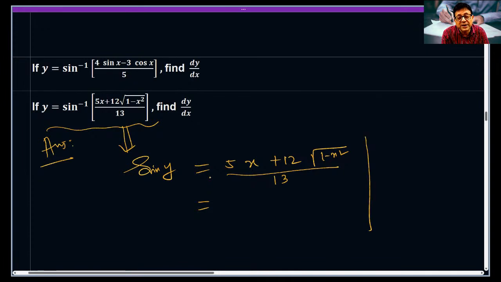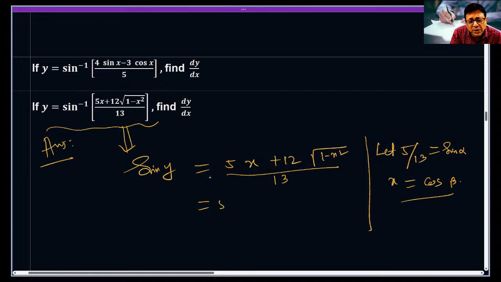There is a relation between 5, 12 and 13, the Pythagorean triplet. You take, let 5 by 13 equal to sin alpha and x equal to sin beta. Just put. Or you take this one as cos beta. So this is going to be what?